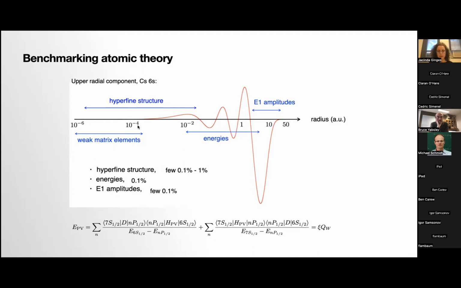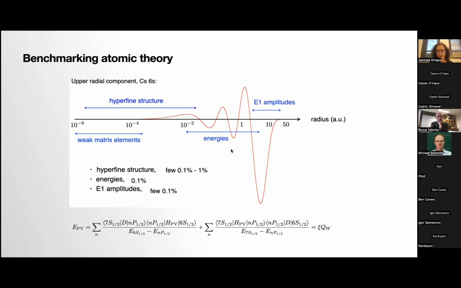So weak matrix elements themselves, they're imaginary and they're not a physical quantity on their own, so we can't directly test that against anything. But the hyperfine structure is something that happens at small distance scales. And so that means that if we were to compare our calculations of hyperfine structure constants with experiment, that will give us information about the wave functions and our theory at distances close to the nucleus.